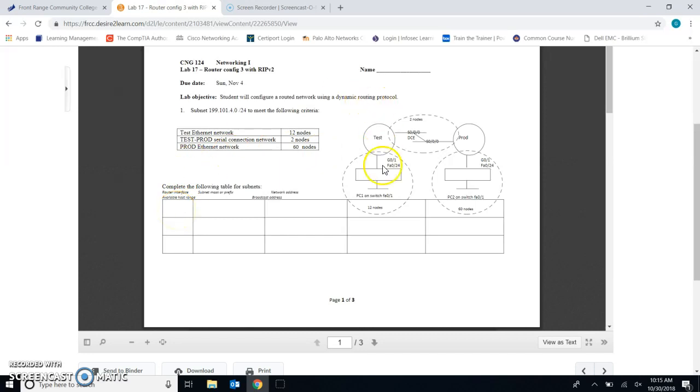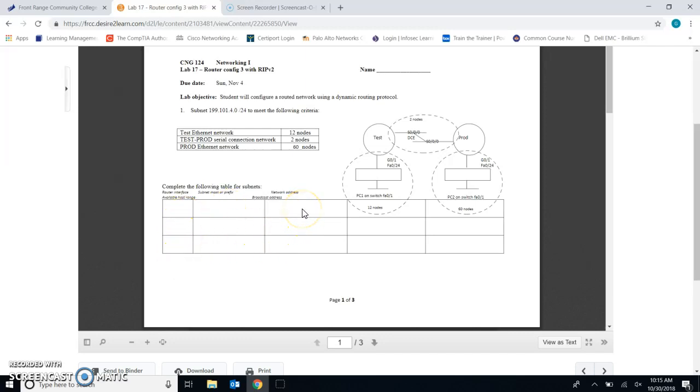It looks like it's G0/1 here, the serial interface is there, and then G0/1 there. So we take the biggest, that's 60, put that first and say it's on router interface G0. The subnet mask for that router interface, since these are all the same size, they're going to have the same subnet masks. The interfaces are going to be different.